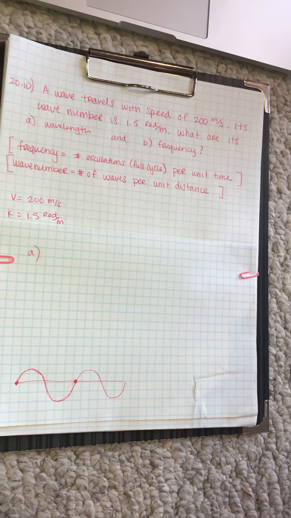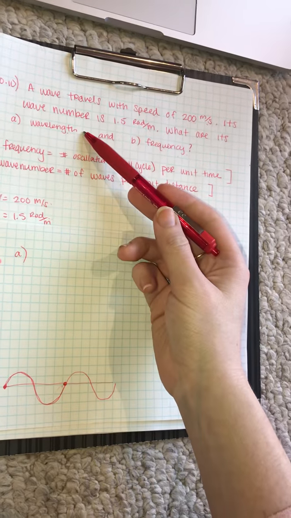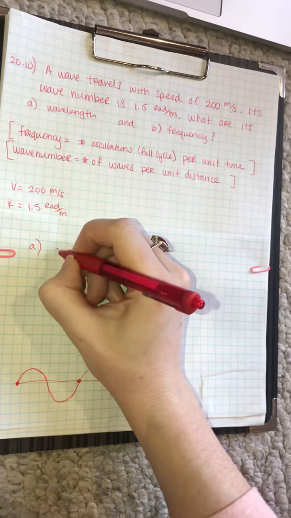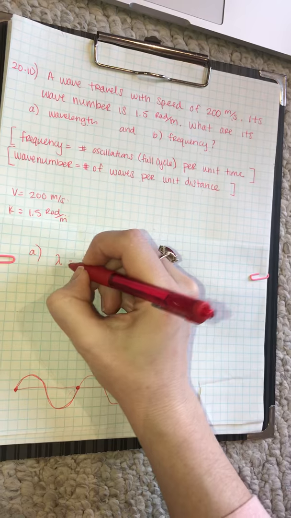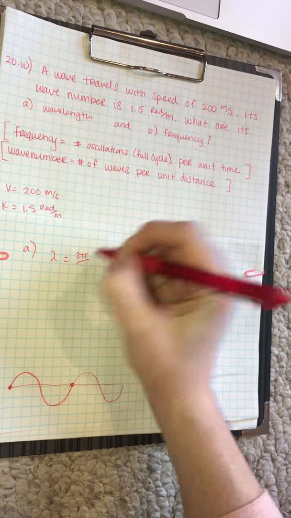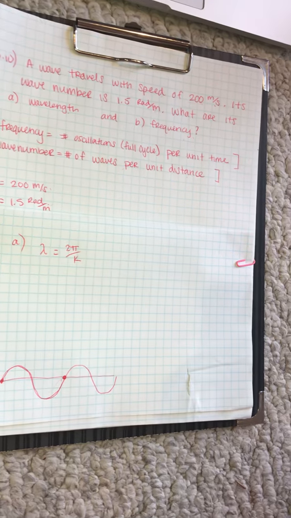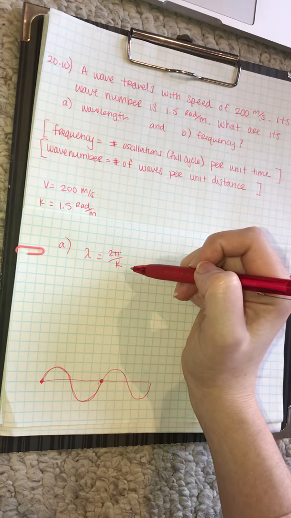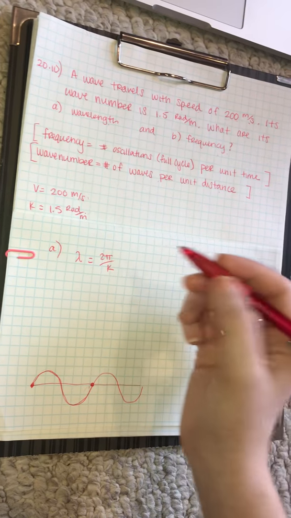So we know a relationship between wavelength and wave number. And that formula is given as wavelength, or lambda, equals 2 pi over k. And 2 pi will always be constant here. It's the same for this relationship every time.